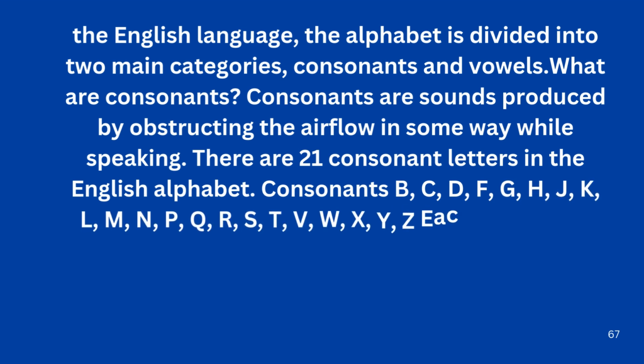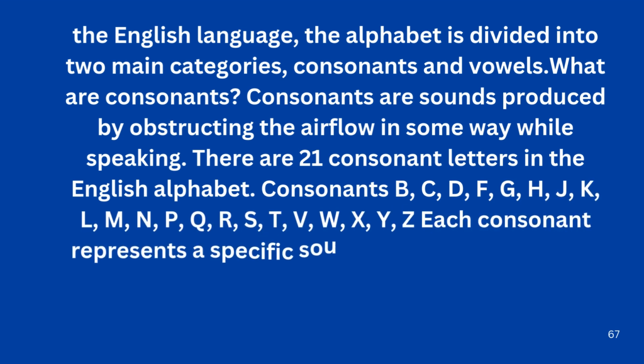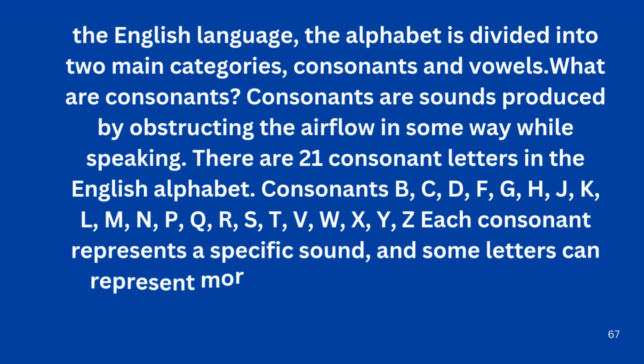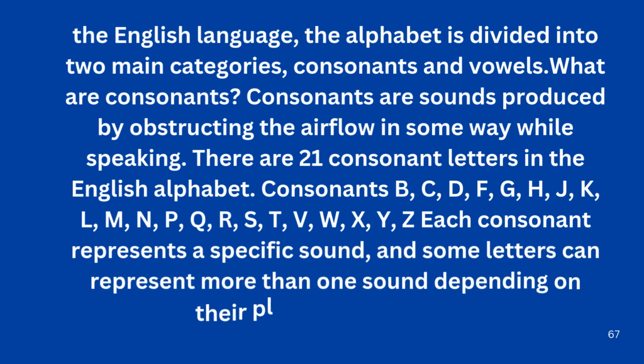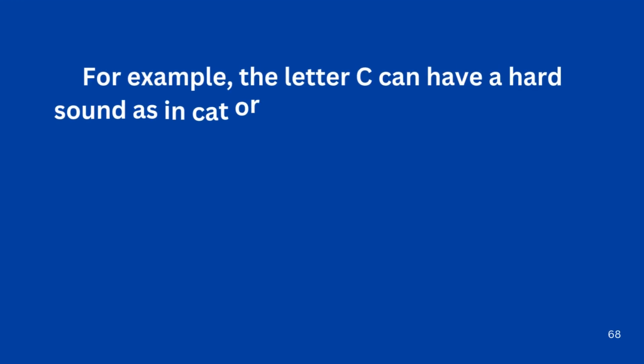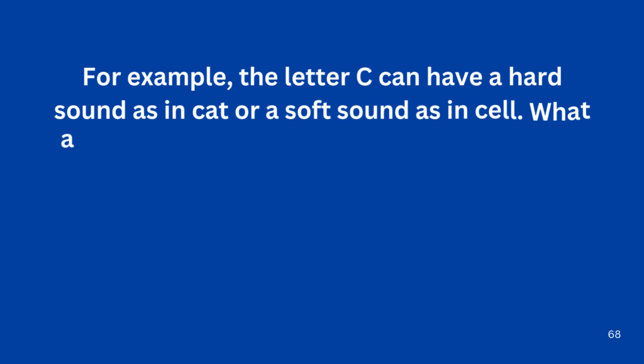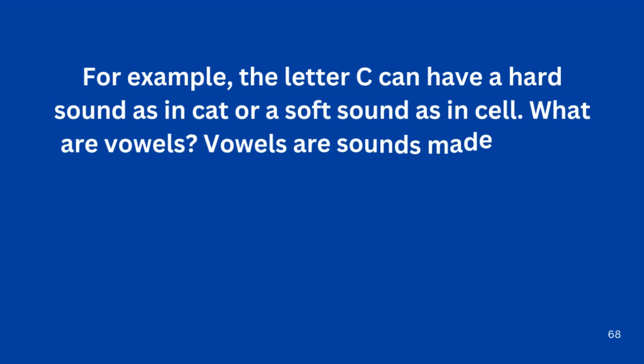Consonants: B, C, D, F, G, H, J, K, L, M, N, P, Q, R, S, T, V, W, X, Y, Z. Each consonant represents a specific sound, and some letters can represent more than one sound depending on their placement in a word. For example, the letter C can have a hard sound as in cat or a soft sound as in cell.